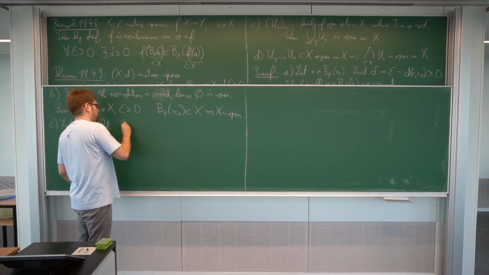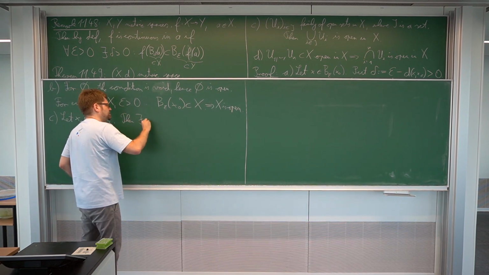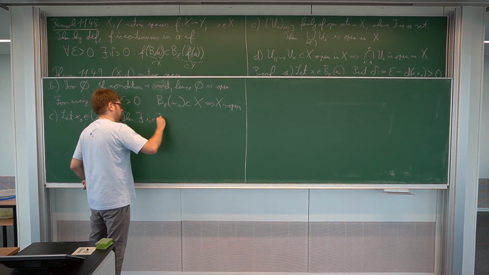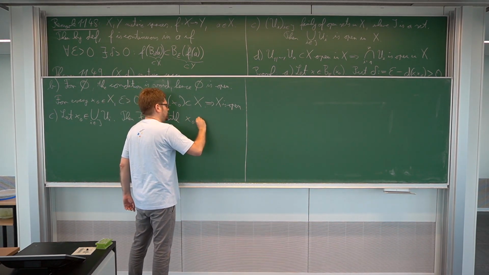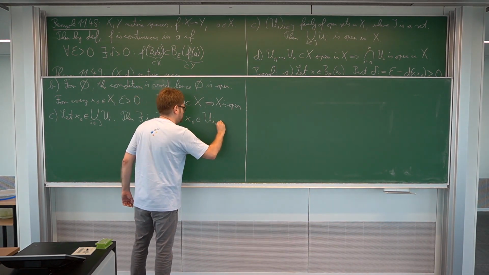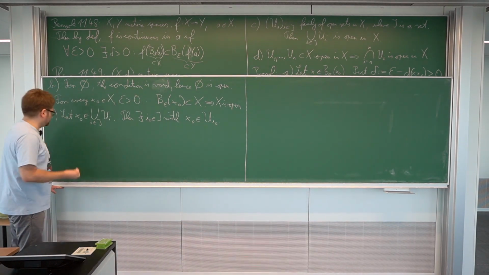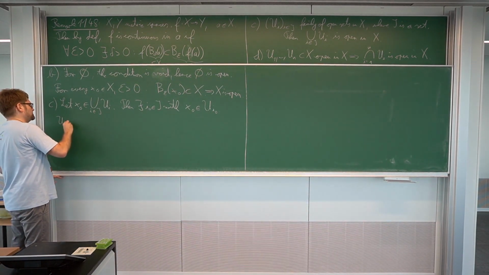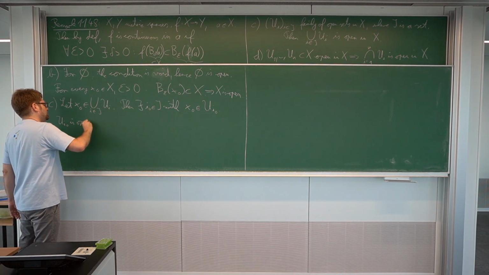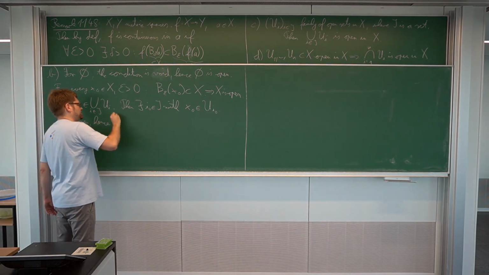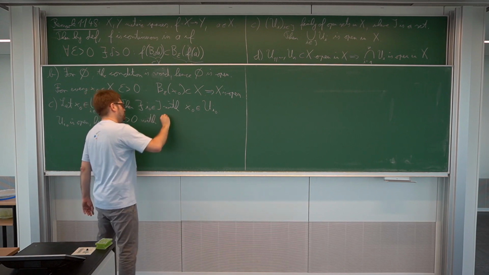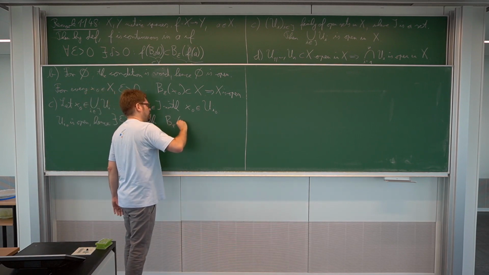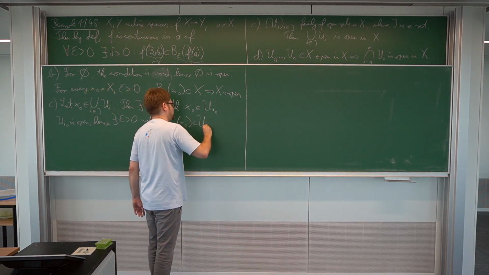So then there exists some, let's call it i0 in I, with x0 in ui0. And this set is open. So ui0 is open by assumption. Hence, there exists some epsilon bigger than 0 with B epsilon of x0 contained in ui0.